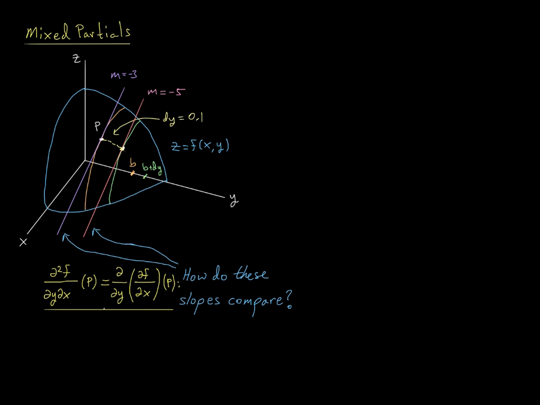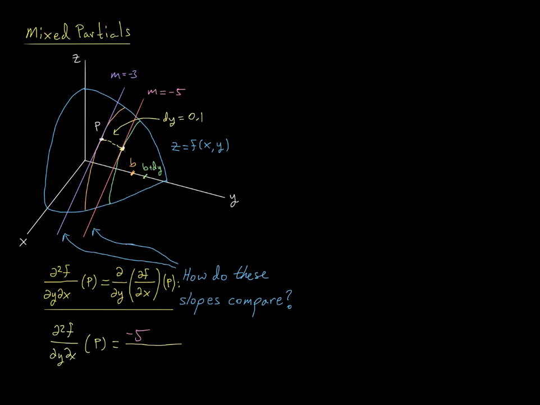Well, this is what we would say. We would say that the yx derivative at P would be what? Well, this is going to be a rate of change, so I'm going to put a little fraction bar here. And what I'm measuring the rate of change of is this slope. So I'm going to take the final slope, which is -5.